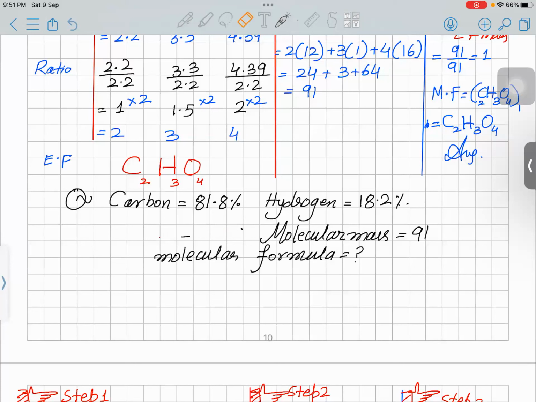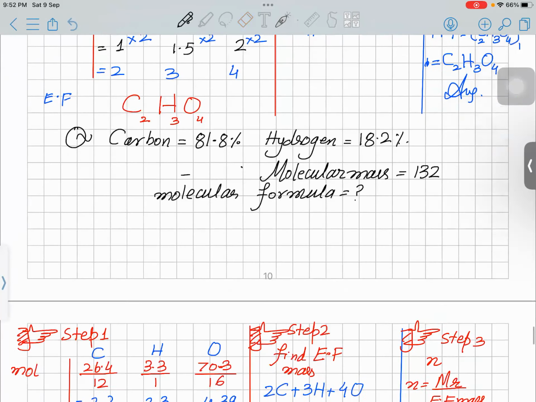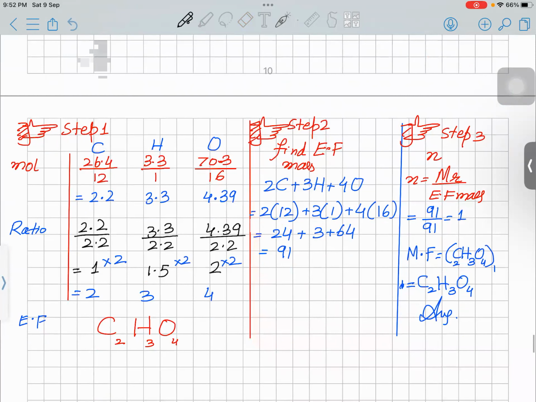Oxygen is not given. Molecular mass is given, which is 132. Find the molecular formula. Try to solve this question.